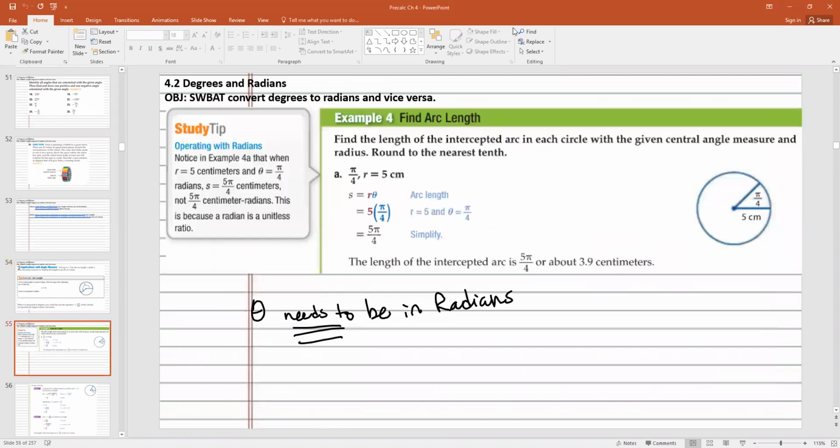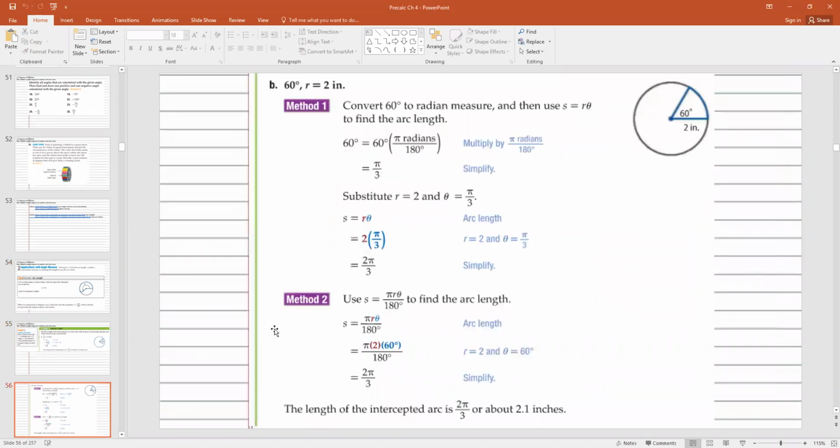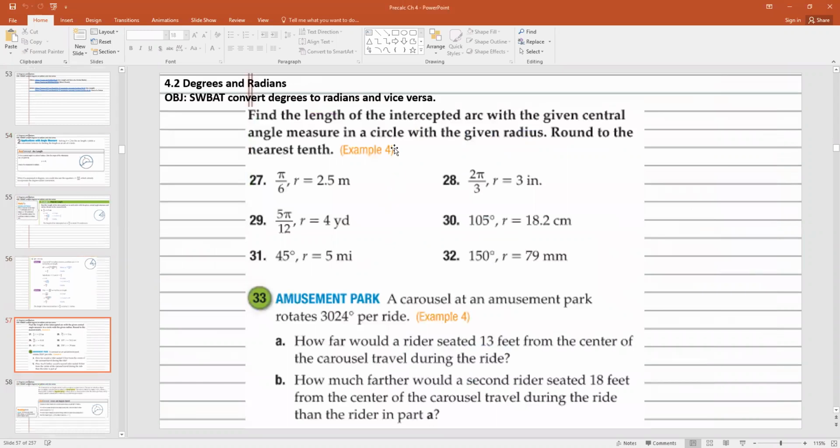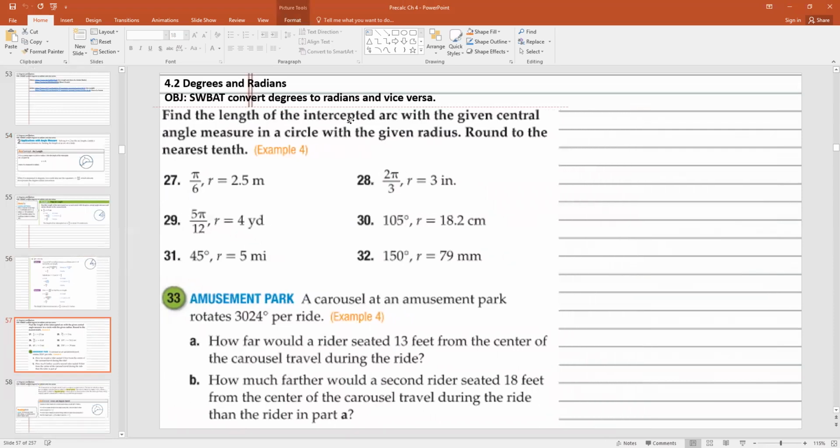There's an example in the book, and we're going to be finding the arc length. It says, find the length of the intercepted arc with the given central angle measure in a circle with the given radius, rounded to the nearest tenth.